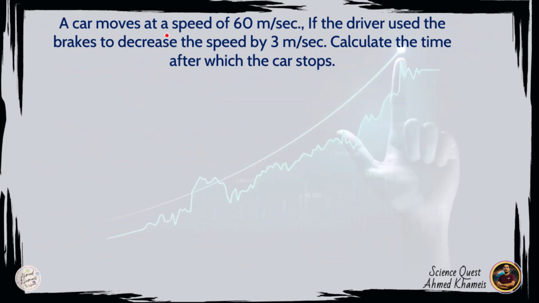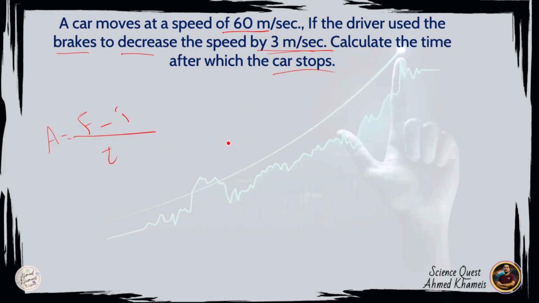A car moves at a speed of 60 meters per second. If the driver uses the brakes to decrease the speed by 3 meters per second each second, calculate the time after which the car stops. After using the brakes, the car speed was decreasing by an amount of 3 meters per second. So the acceleration is 3 meters per second squared. So acceleration equals final speed minus initial speed over time.